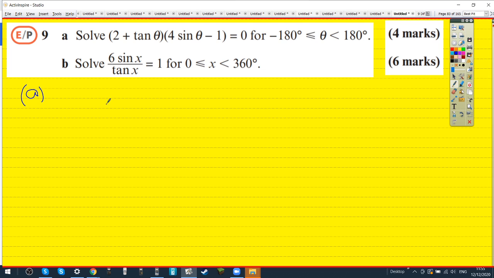Would you need to use trig identities again? Nope. How would you solve x plus 2, x minus 3 equals 0? You just expand the brackets. No.